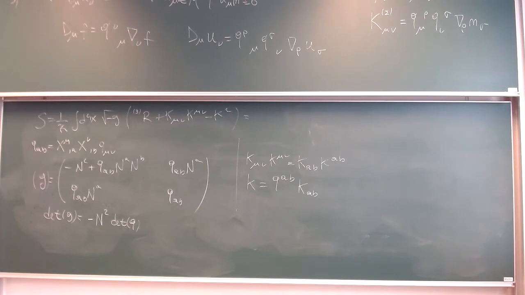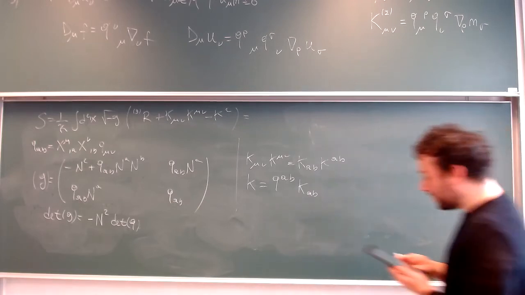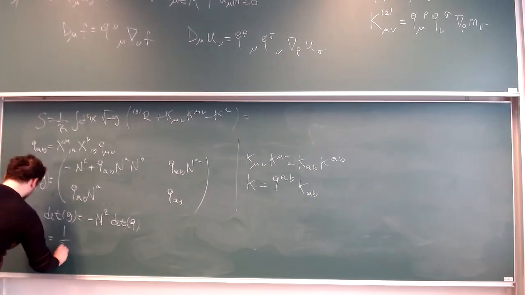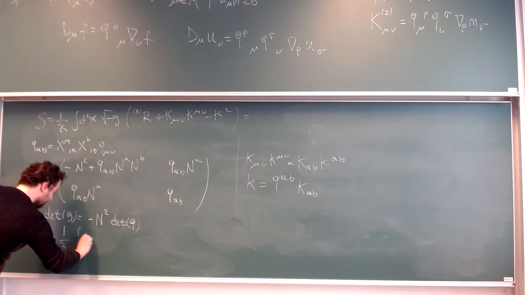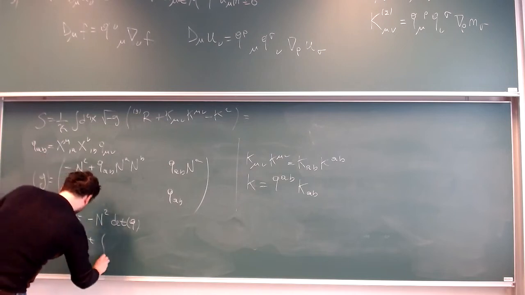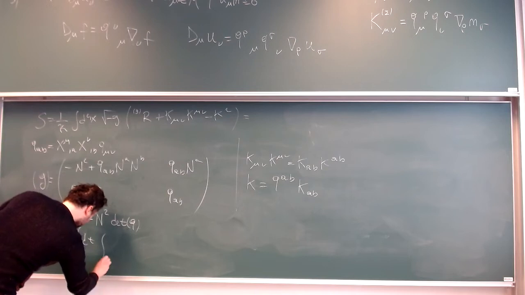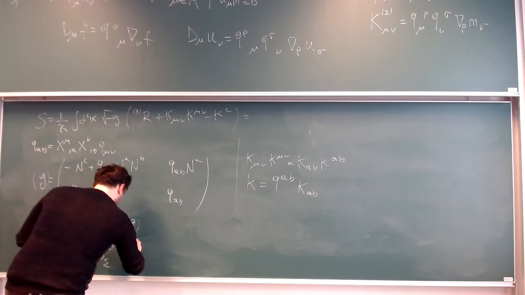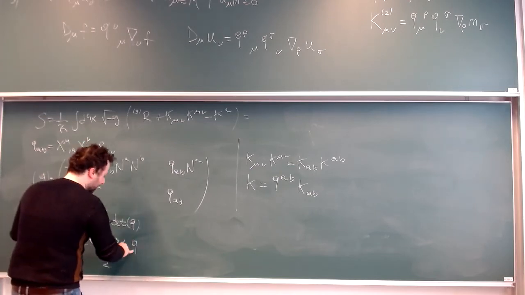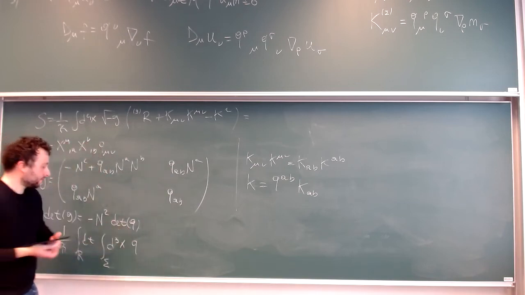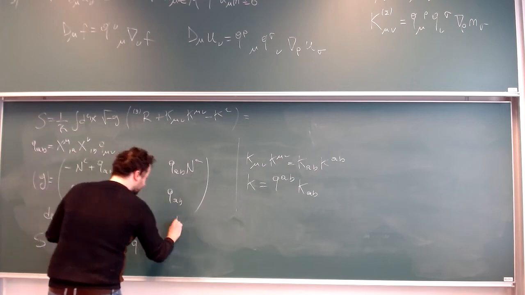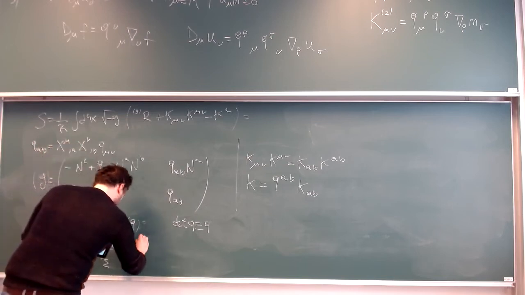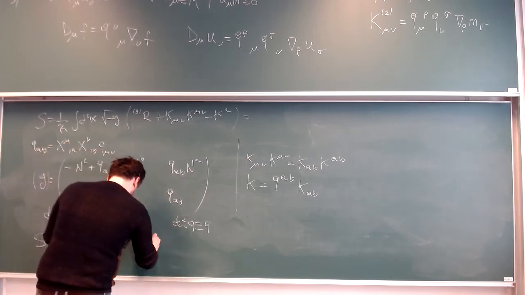Okay, so we can write that as, okay, as Q, I just write the determinant of Q. Why is it not the square root?